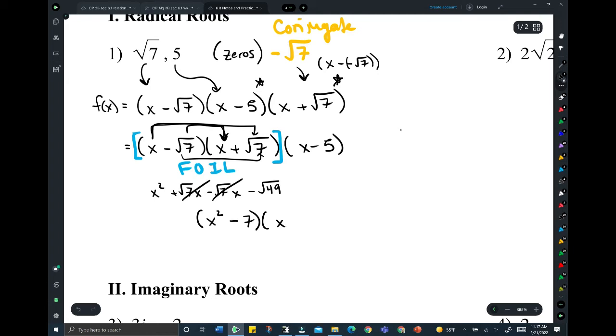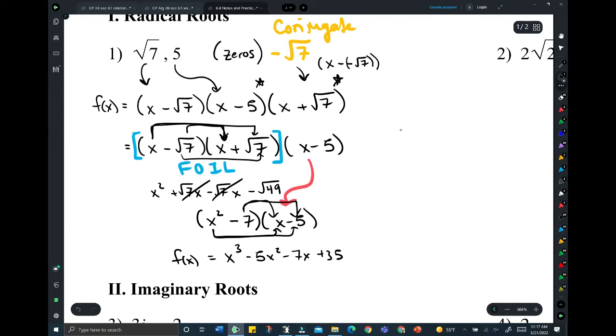Pretty fancy. Now we still have the x minus 5. That's going to come down in the end. But then we just have to do FOIL one more time to get our actual function. So by doing FOIL one more time, our function is going to be x to the third, outers minus 5x squared, inners minus 7x, and plus 35.